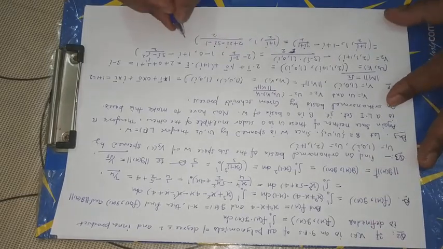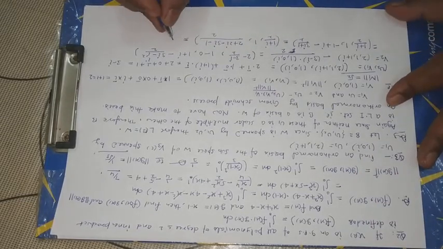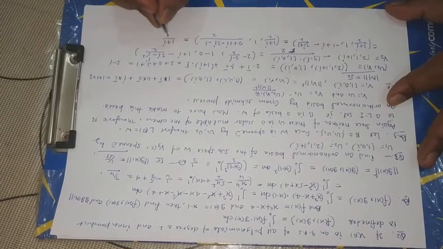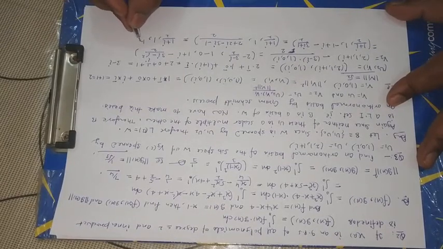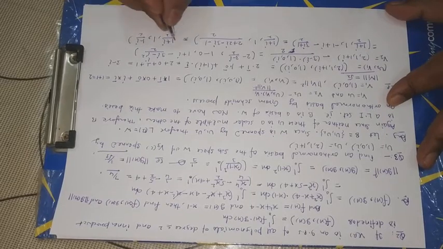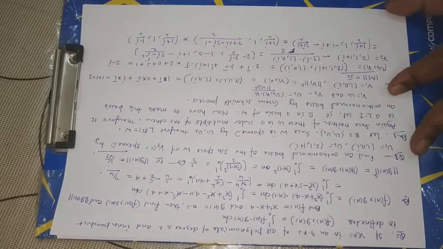After simplification, (1 plus i) upon 2, comma 1, comma (1 minus i) upon 2. This is the value of V2.